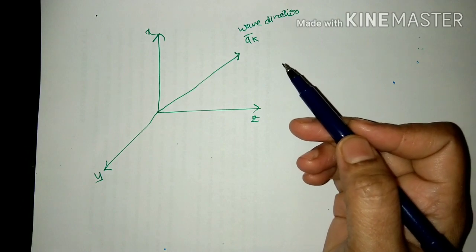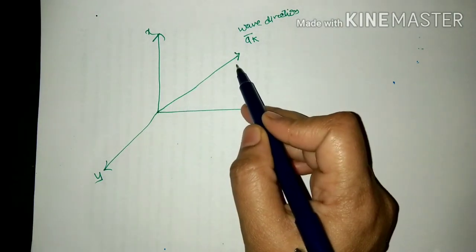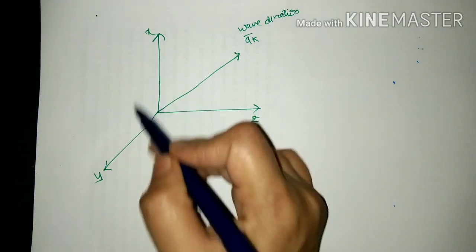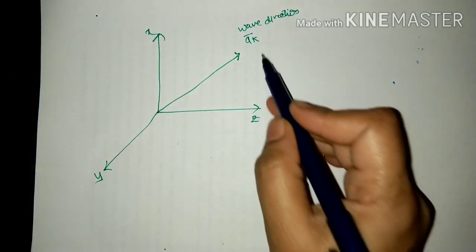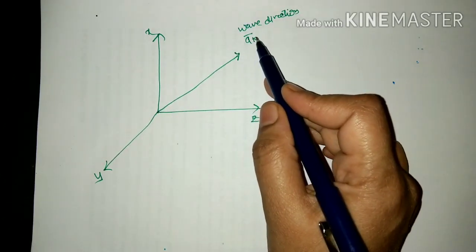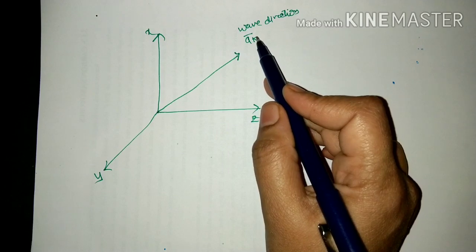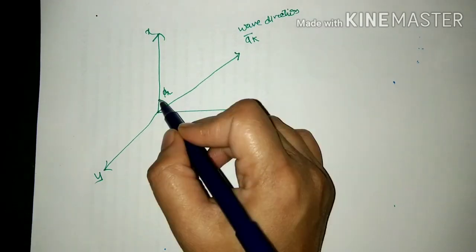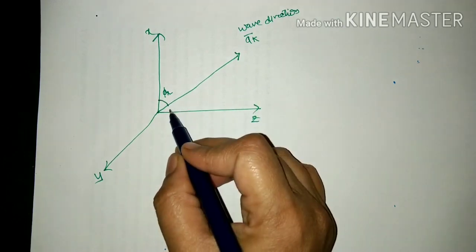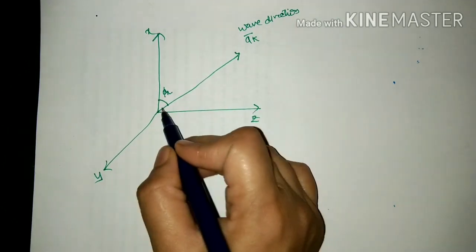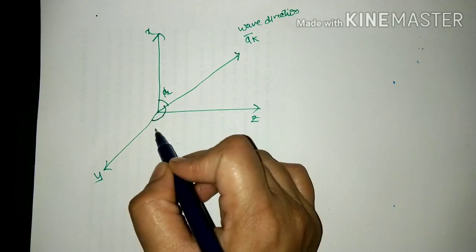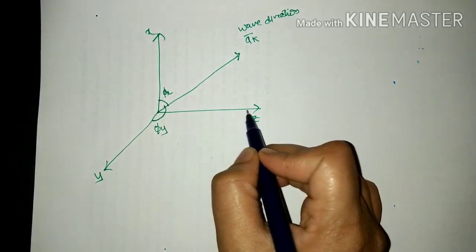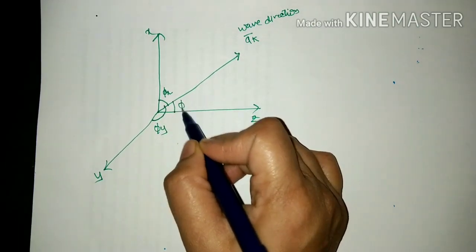If you know the angle made by this vector with all the coordinate axes x, y and z, then you can represent a_k using direction cosines. Consider the angle made by this vector with the x-axis to be phi x, the angle made with the y-axis to be phi y, and the angle made with the z-axis to be phi z.